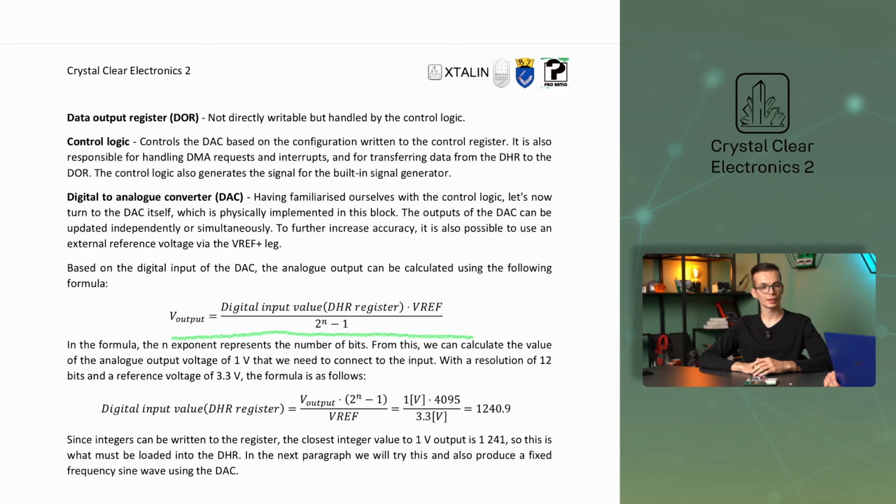The digital input value, that is the DHR register, equals V output multiplied by (2 to the nth power minus 1) divided by VREF, which in this case is equal to 1 volt multiplied by 4095 divided by 3.3 volts, and this is equal to 1240.9. Since integers can be written to the register, the closest integer value to 1 volt output is 1241, so this is what must be loaded into the DHR.